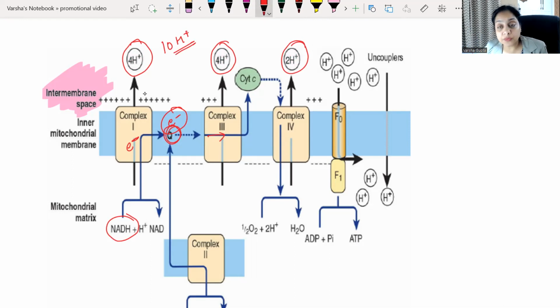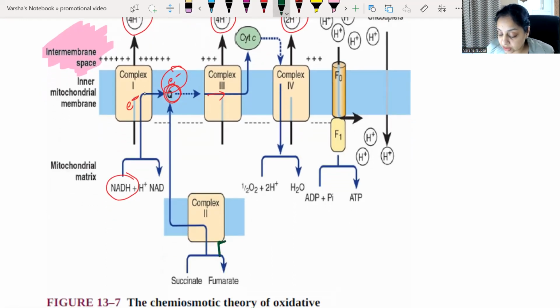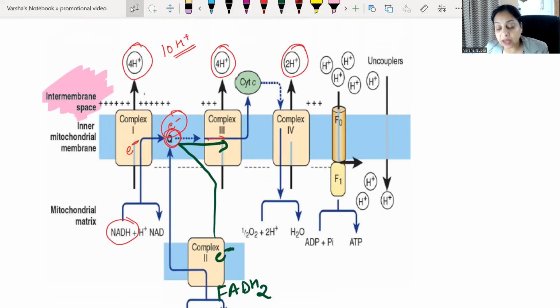This is for NADH. Now let's take a look at FADH2. Succinate to fumarate gives FADH2. FADH2 gives electrons to complex 2, and via Q they go to complex 3. If I said something wrong, note that sometimes I say something else.